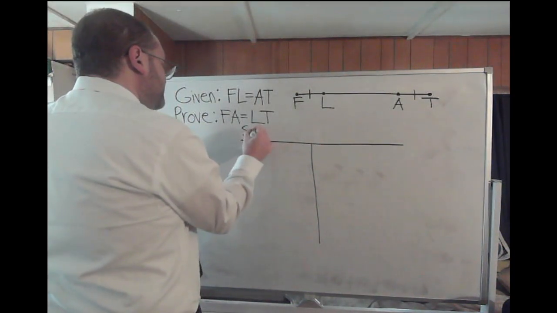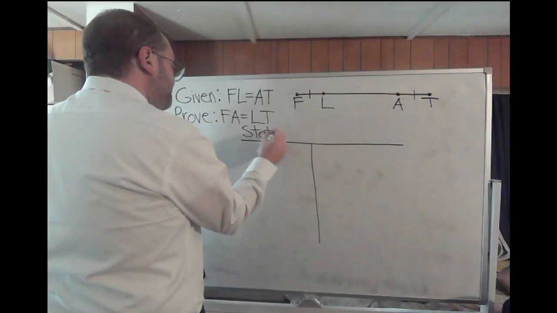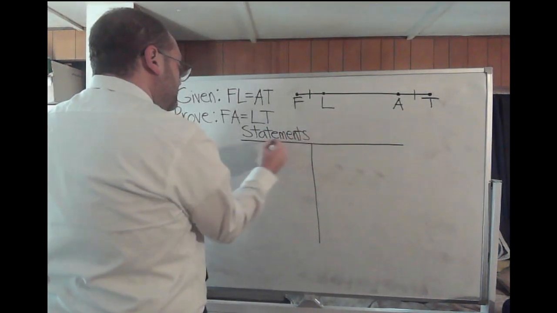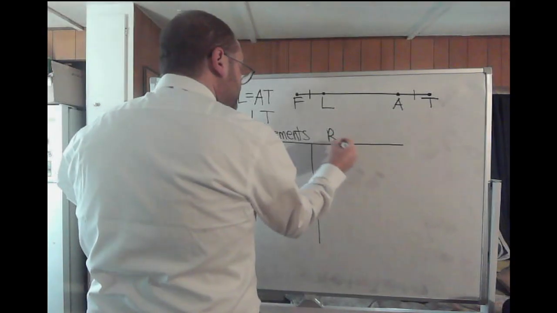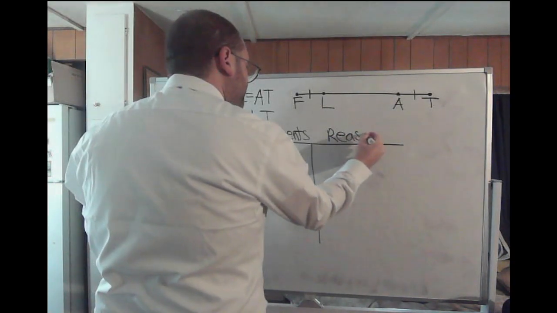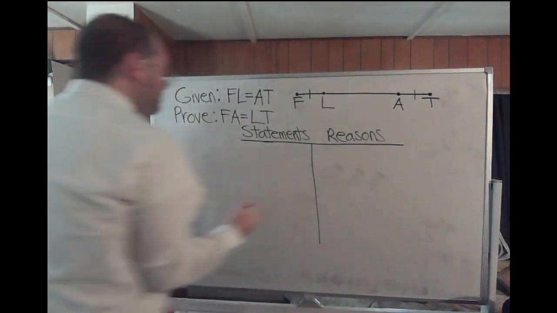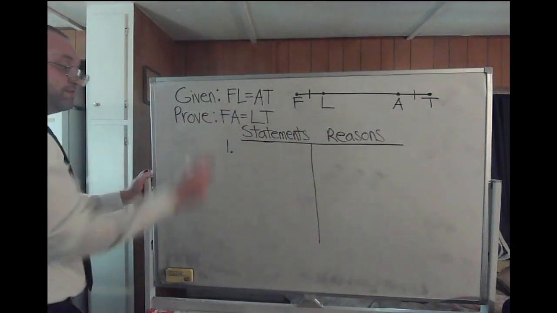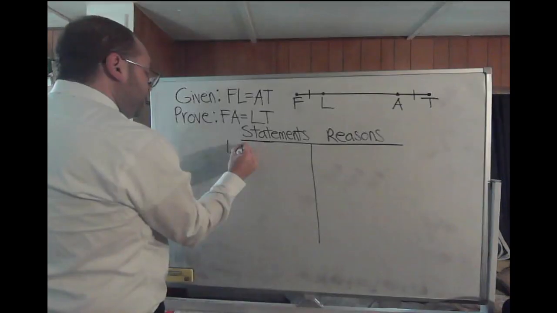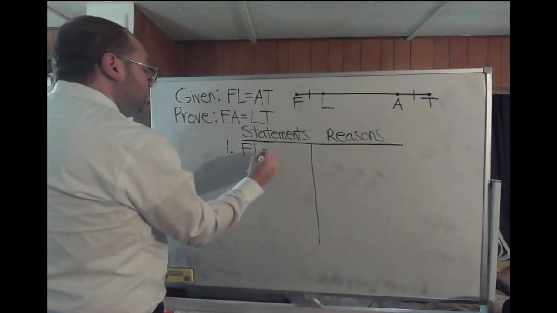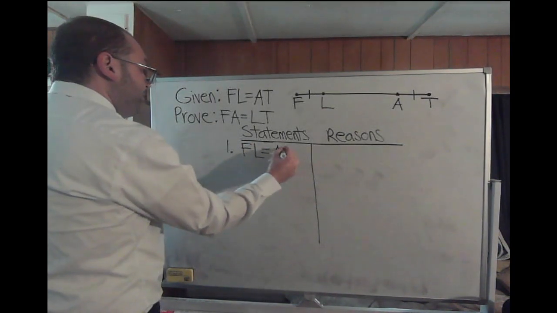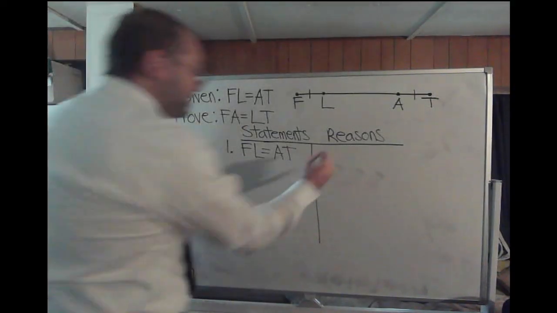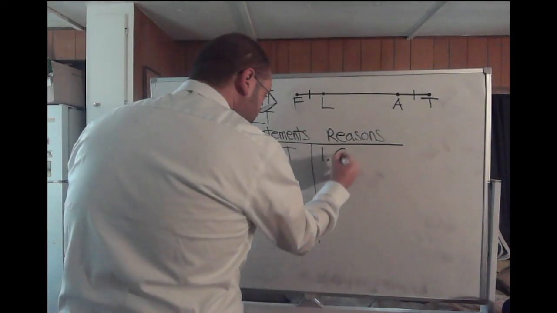So let's see, left side's your statements. The right side will be your reasons. Okay, so step 1, in this case I would start with your given information. That FL equals AT. Okay? So FL equals AT. Well, reason 1 is that was given to you.